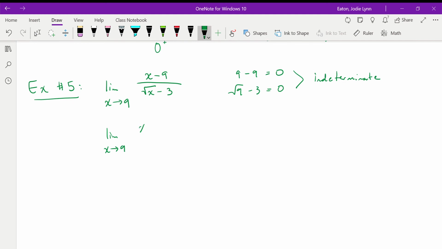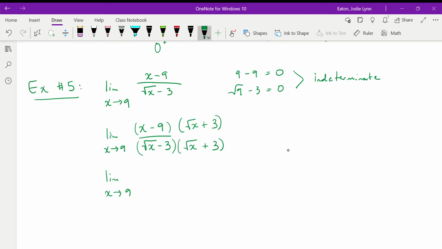I see a radical. If I see a radical, I am going to multiply by the conjugate of the radical expression. So that is radical x plus 3. We want to get rid of that radical or just do something about it. And multiply by radical x plus 3. And remember that we've got to put brackets around everything because we are going to expand our brackets properly. So this is the limit as x approaches 9.